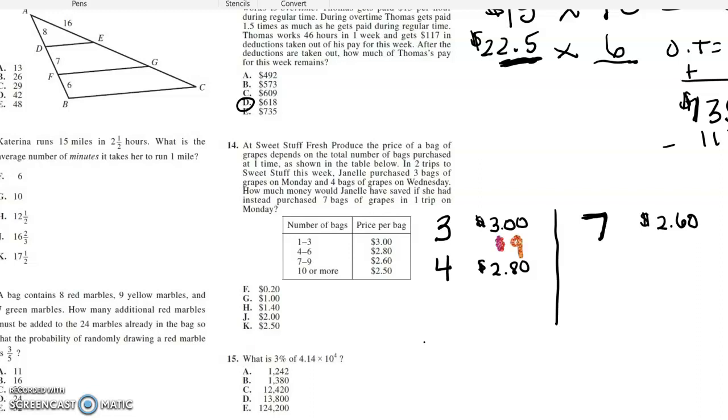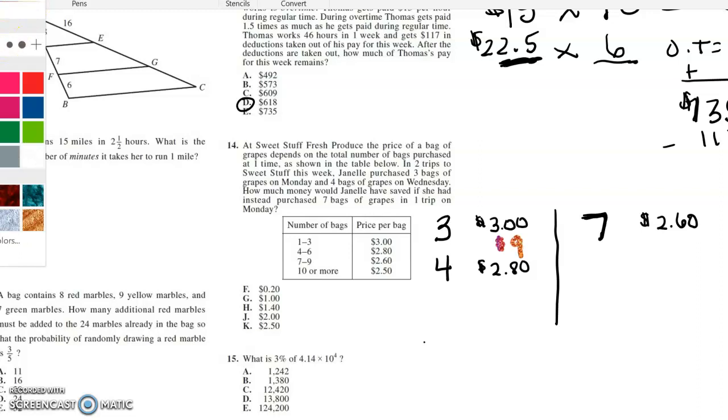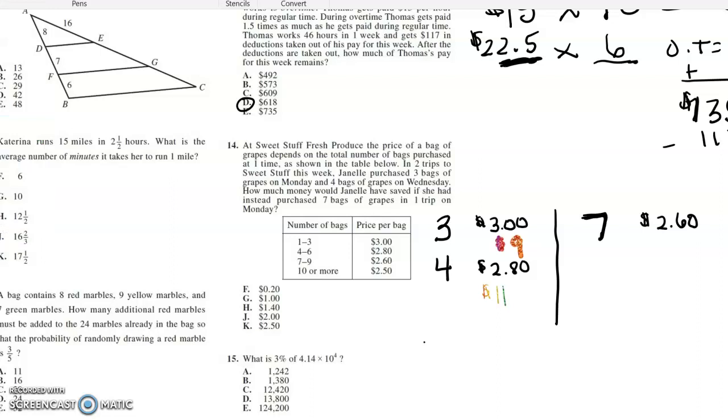right? And then we need to see 4 bags, how much did that cost her that day, right? Was $11.20. So she spent $9 on Monday, and then she spent $11.20 on Wednesday. So she spent a total of $20.20. Now, what if she would have, that's what this problem says, went on Monday and bought all 7 bags?